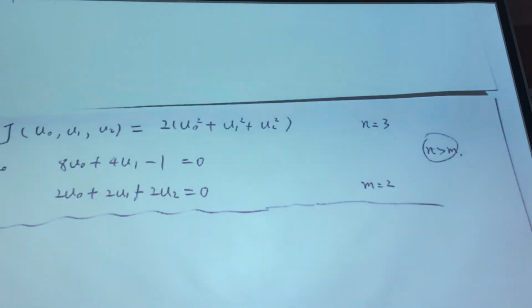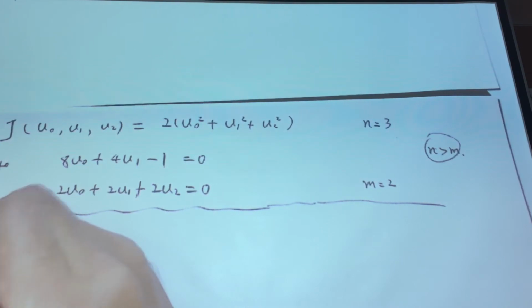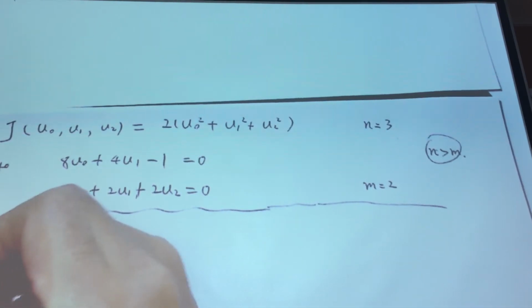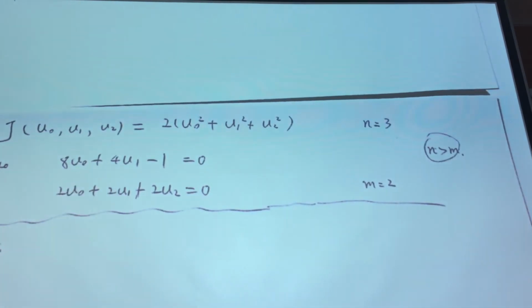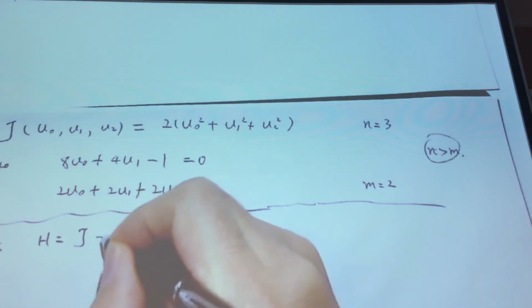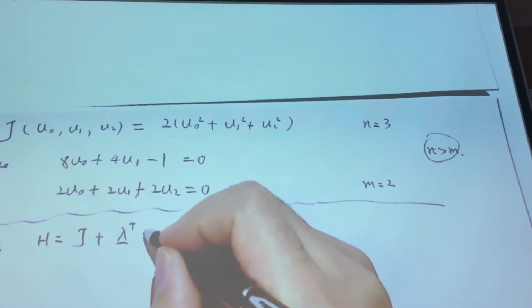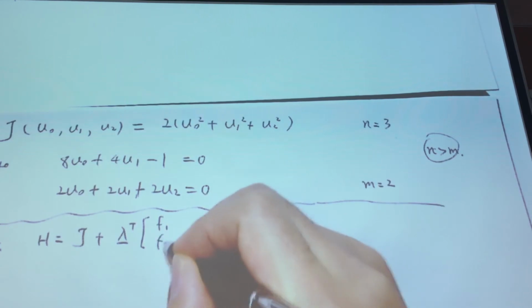So you may construct the Hamiltonian H given by J plus lambda times f1, f2.